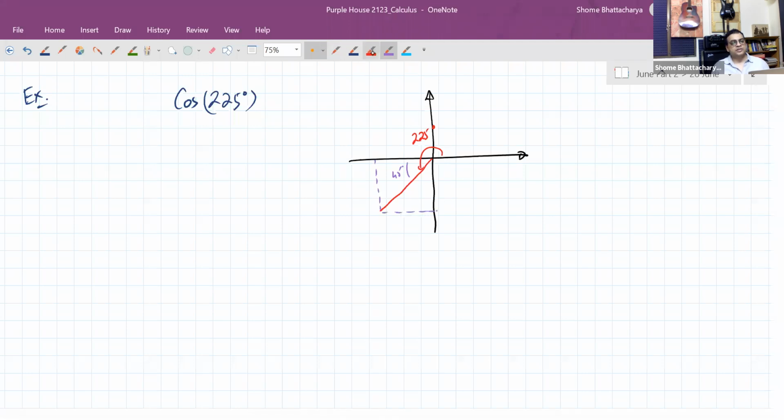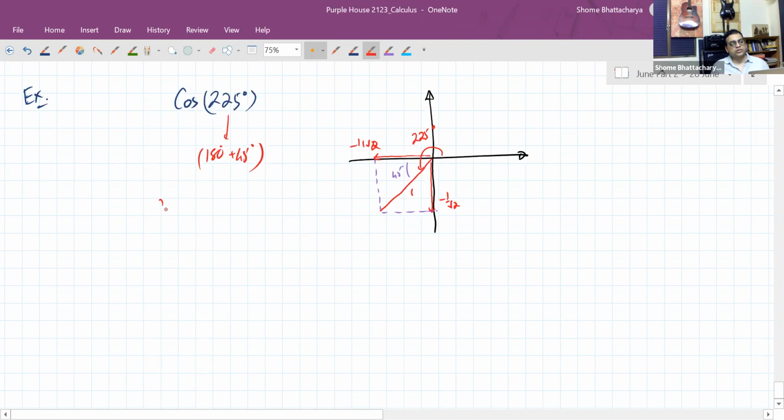So if this is of magnitude 1, then how much will be the x component? That will be minus 1 by root 2. And the y component will also be minus 1 by root 2, because this is 45. So 225 is 180 plus 45.